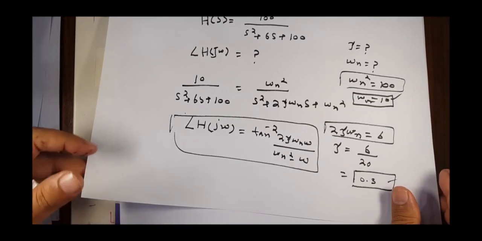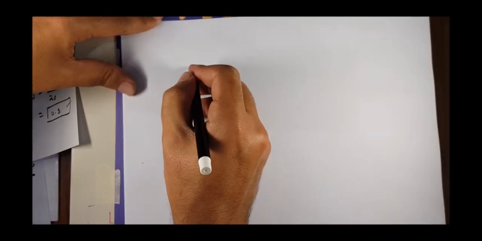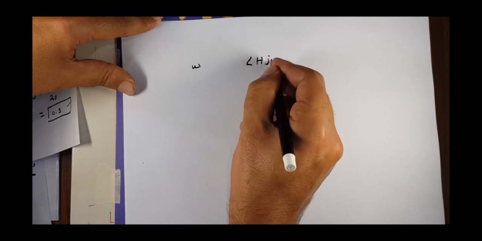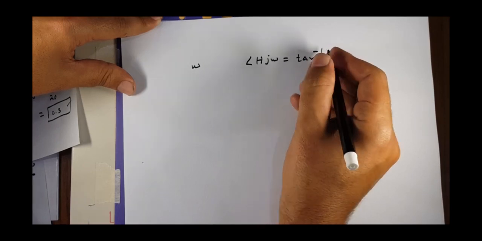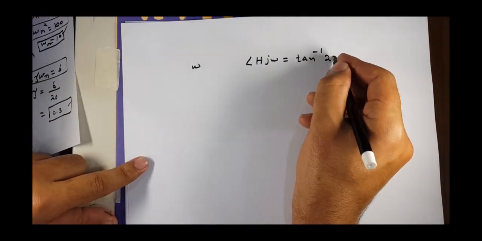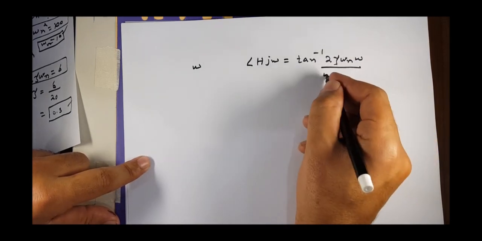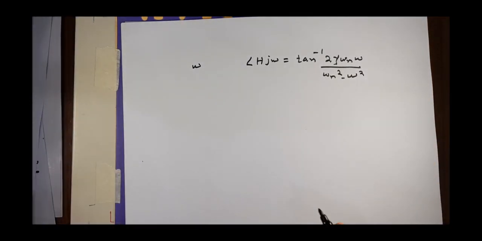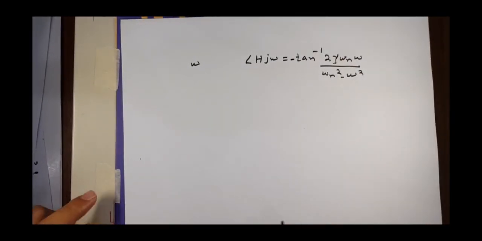So we can transform this equation into a table where we can plot omega versus phase of H of j omega. Obviously here you will put a minus sign because this was in the denominator, a simple pole, a complex pole.